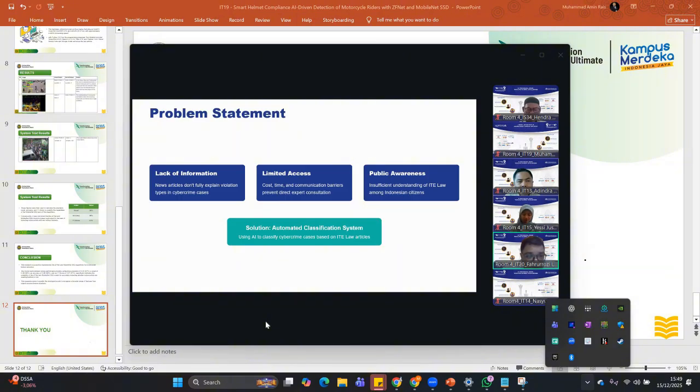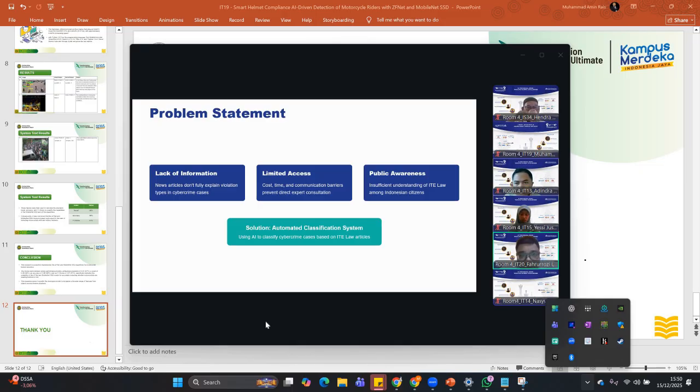So this is the problem statement. The first is the lack of information: news articles don't fully explain violation types in cybercrime cases. The second is limited access: cost, time, and communication barriers prevent direct expert consultation.